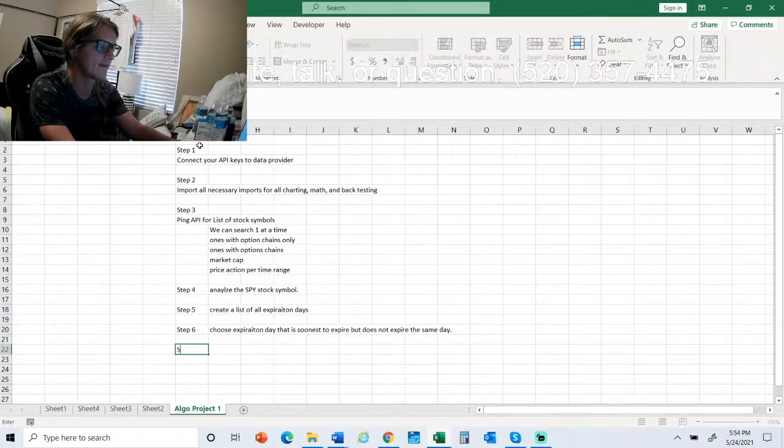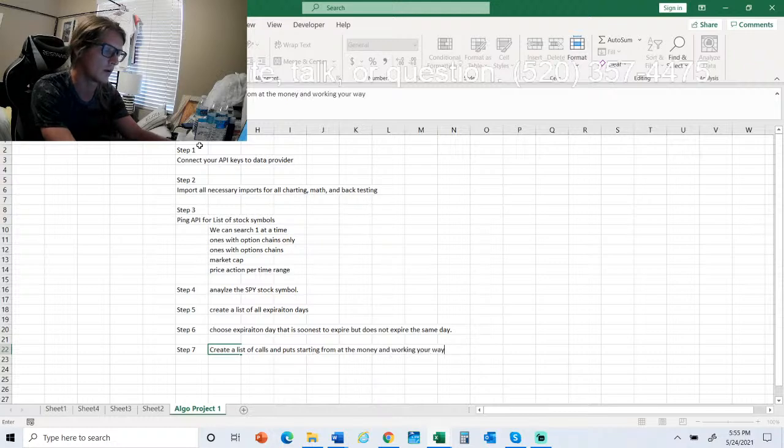Okay, step 7. Create a list of calls. Actually, screw that. Step 7, create a list of calls inputs, starting from at the money and working your way out of the money.